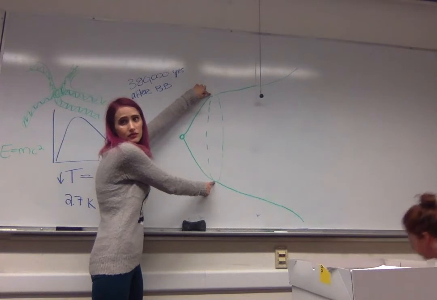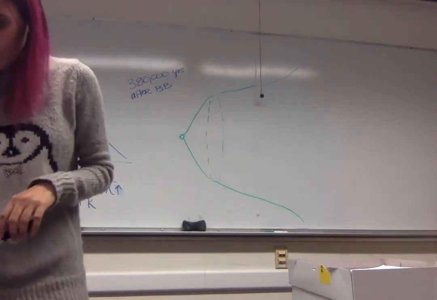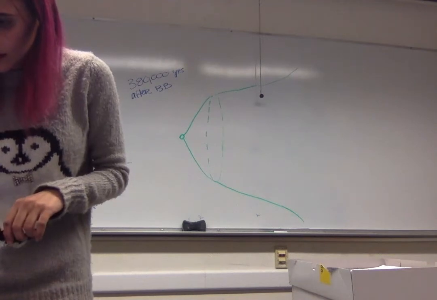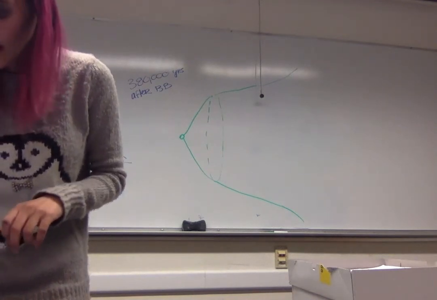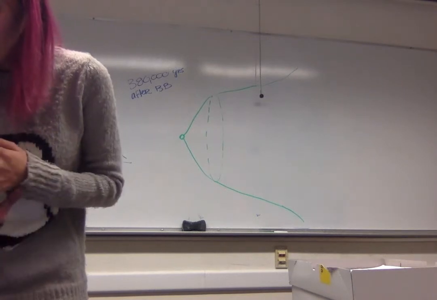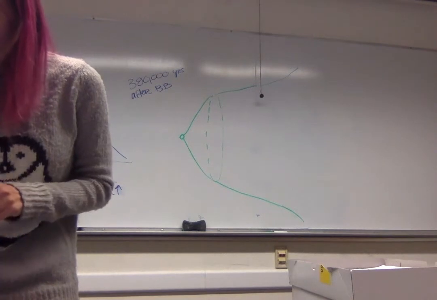Sorry, what? Yeah. Well, I'm going to talk about dark matter after this in a minute. So 5 says, what is the evidence for the acceleration of the expansion of the universe? So how do we know that it's getting faster? That this is going up?